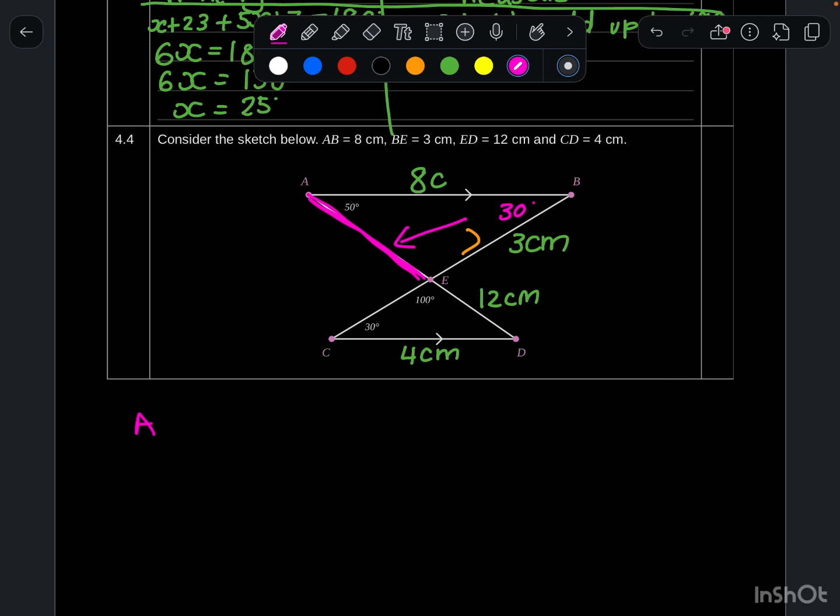So AE is going to be corresponding to ED. And I'm going to go with the same ratio as before, so CD over AB.